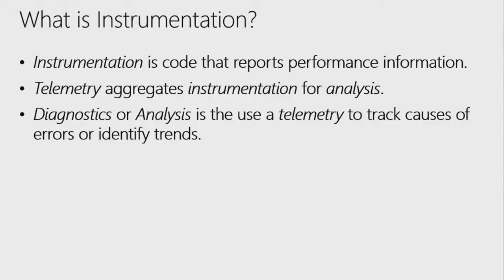Well, let's talk about some of the terminology first because it's important. It starts with instrumentation. Instrumentation is the part of the code that you include that stores performance information. So every time a method is run, you might want to have that as an instrumentation point where you log it, right? That's a possibility.